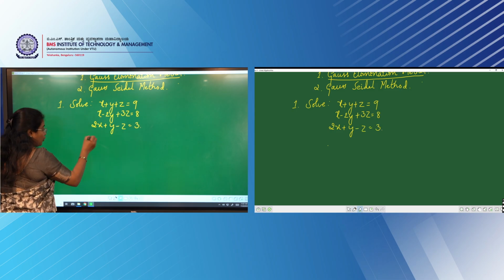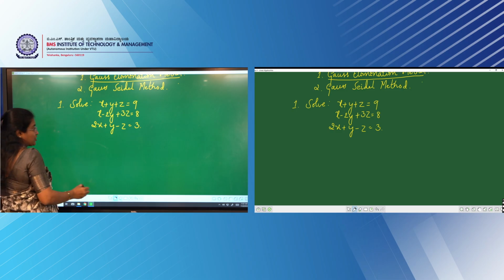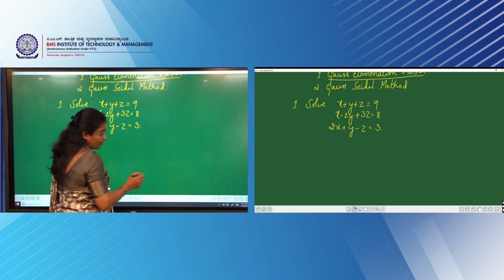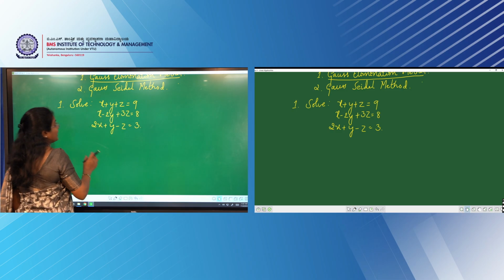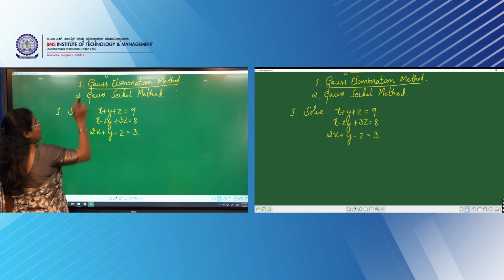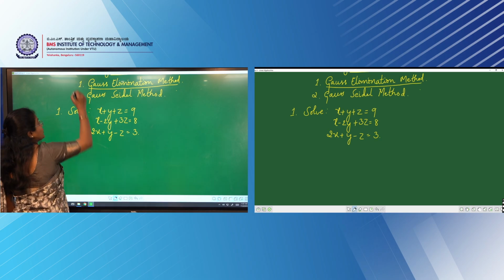See now, as I told, this is a system of linear equation. More than one linear equation is called system of linear equation. So now we'll apply Gauss elimination method.